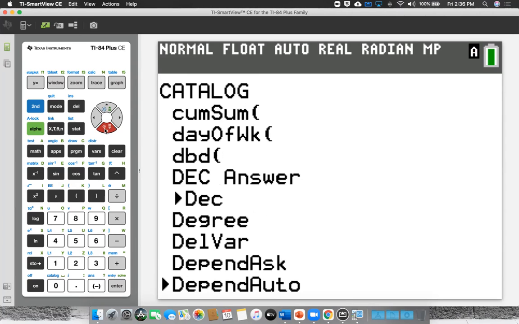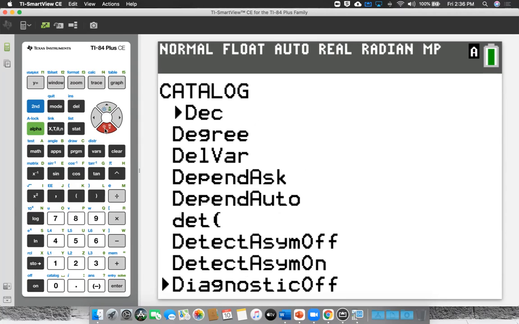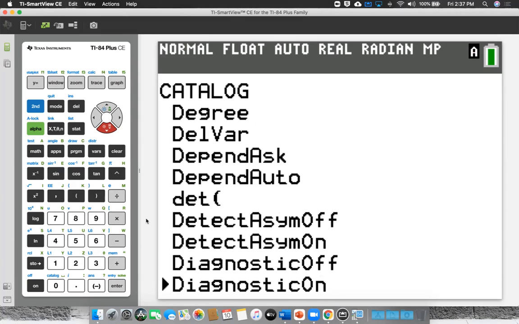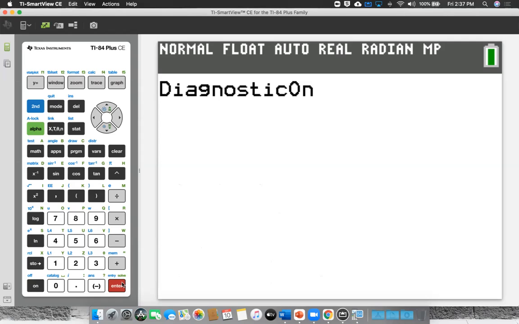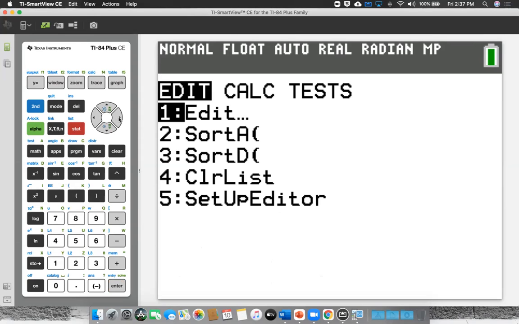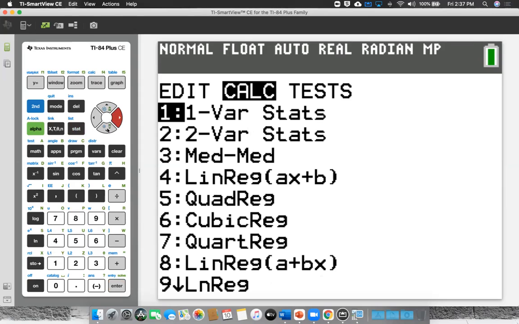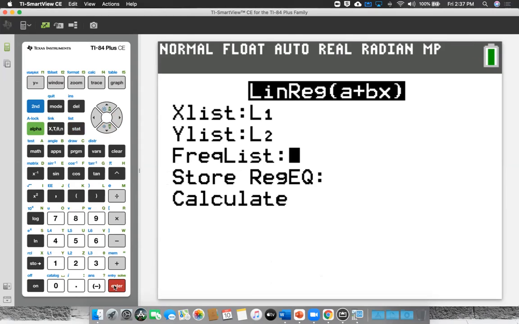So go to diagnostics on, which is right there. Hit enter and enter again and do exactly what we just did. Go back to stat. I'm trying to go a little fast because we're running out of time here, but I don't want to go too fast. LinReg. Now your R should be there.